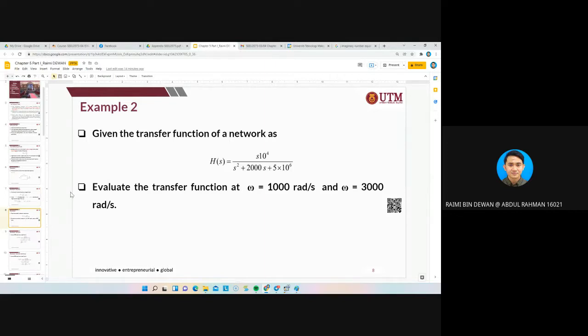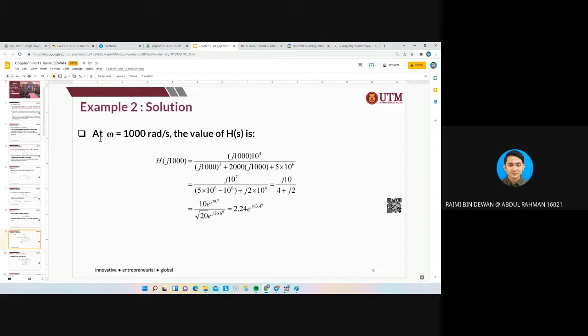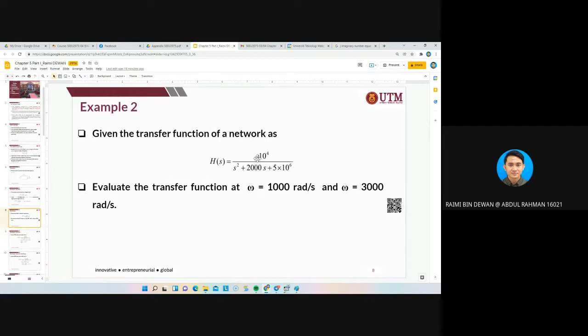Okay. Next, given the transfer function of a network, H(s) equals 10 to the power of 4 s over s squared plus 2000 s plus 5 times 10 to the power of 6. Evaluate the transfer function at omega equals 1000 radian per second and omega equals 3000 radian per second. You need to evaluate here. So for omega equals 1000, you just plug in because you know that s is equal to j omega.